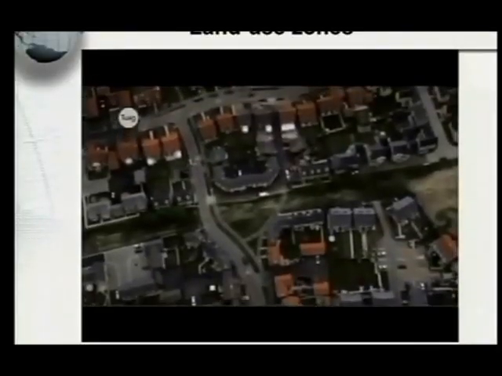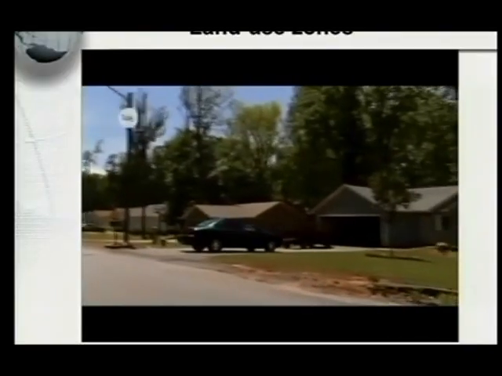Wealthier urban residents can choose a suburban lifestyle on the outskirts of the city. Suburban houses are often bigger, with gardens, garages and areas of open space.